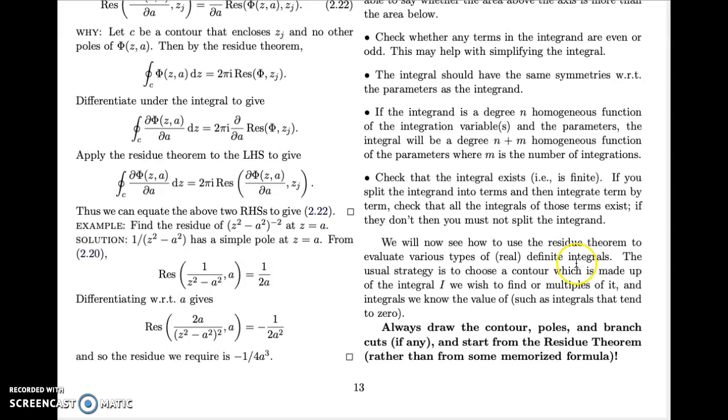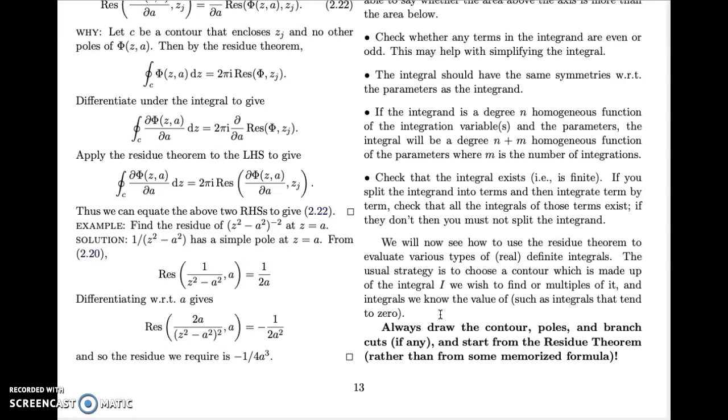The idea is that we have a contour on the complex plane. The contour normally is made up of the integral we wish to find, or a multiple of it, and integrals that we know how to find the value of. Normally those integrals just tend to zero.